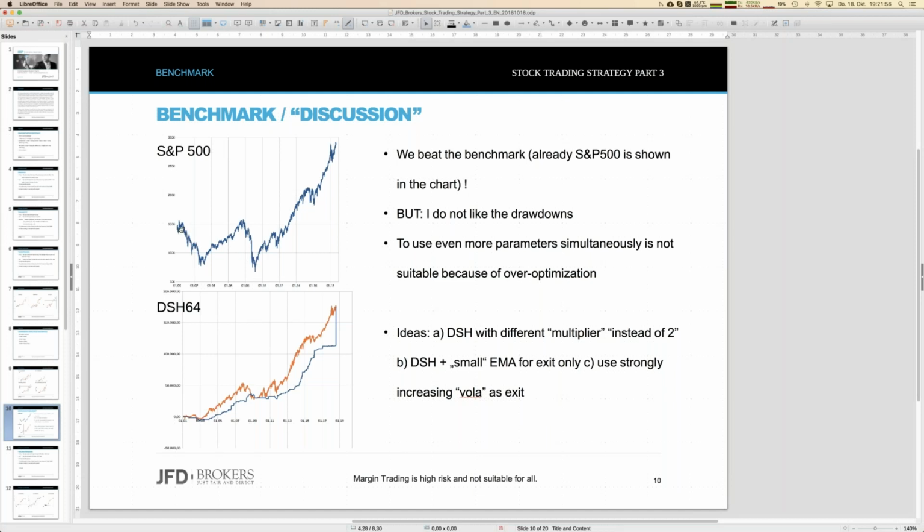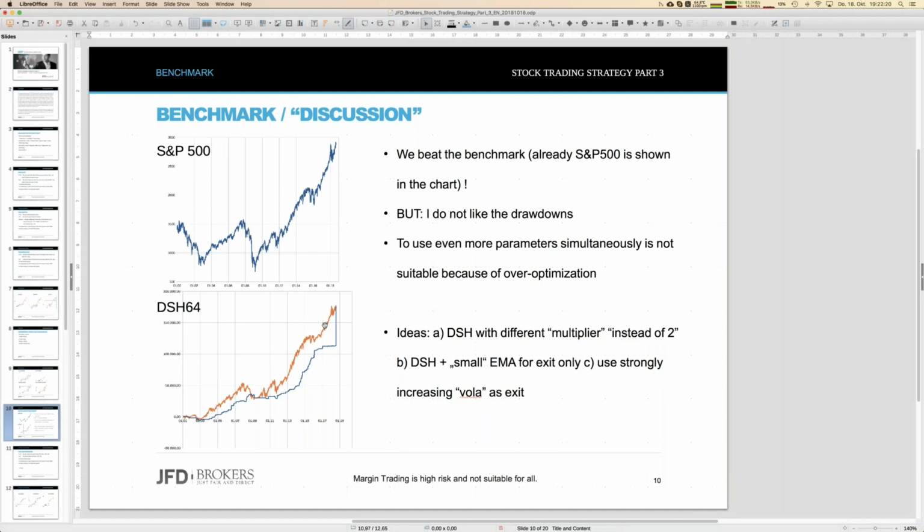And overall, for the last 18 years, the S&P 500 has doubled. Our equity looks already much better than the benchmark. Drawdown is less, overall increase is higher.